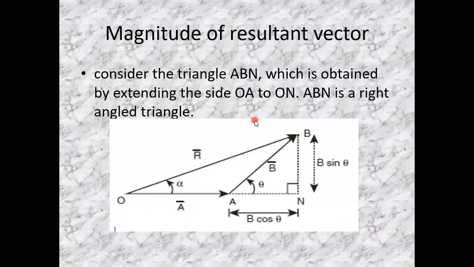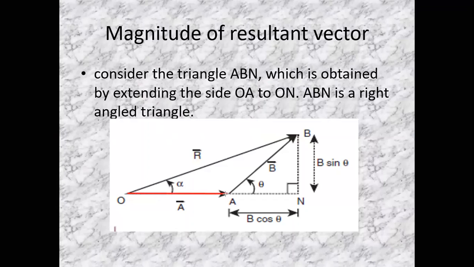To find the magnitude of the resultant vector, we are going to consider the triangle ABN. First we draw the A vector.